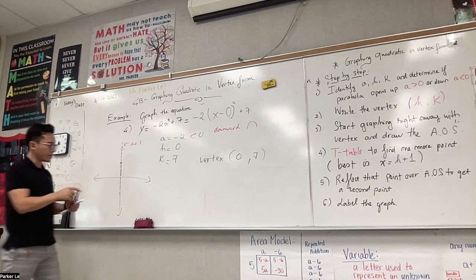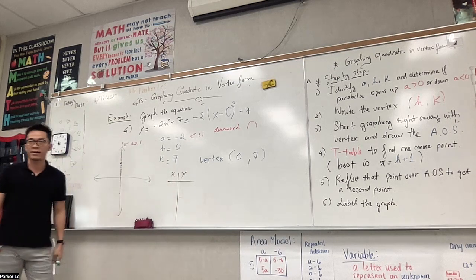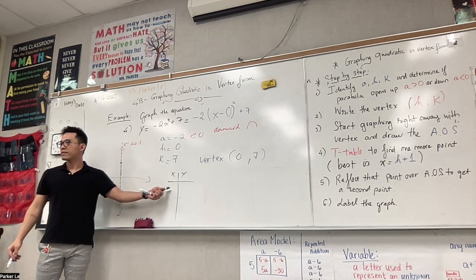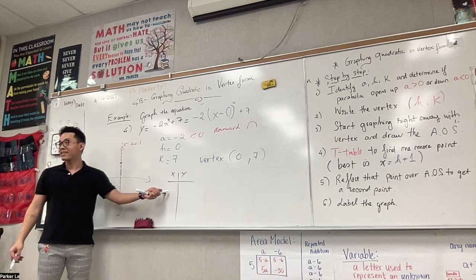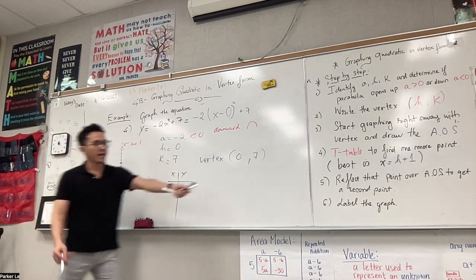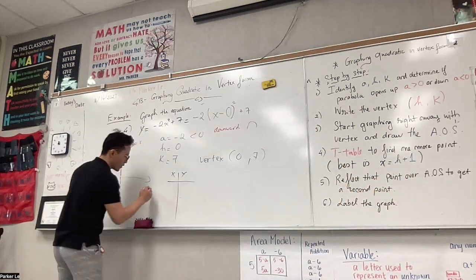All right. So I'm going to find one more point. What number should I put here? Belen, what number should I put here? All right. Thank you, Alexa. Yes, 1, because h is 0, so h plus 1 is 0 plus 1. That's the best one.